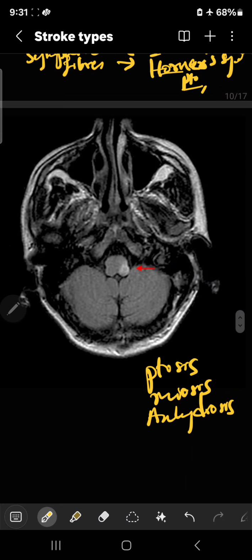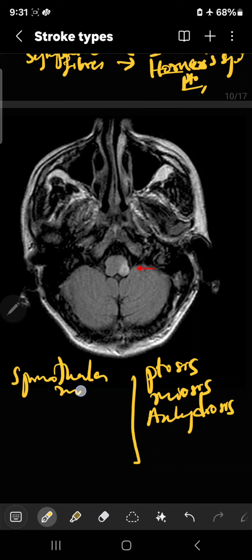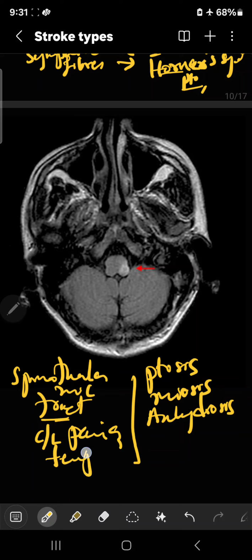And one more part, the spinothalamic tract will also get affected. The patient will have contralateral pain and temperature loss.